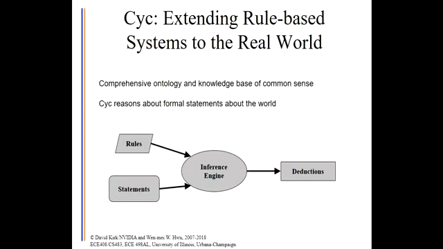Okay, so here is an interesting kind of history about what we call the traditional AI and the machine learning-based AI. There's an approach called Cyc, and it's an approach that tries to build a comprehensive ontology and knowledge base of common sense.